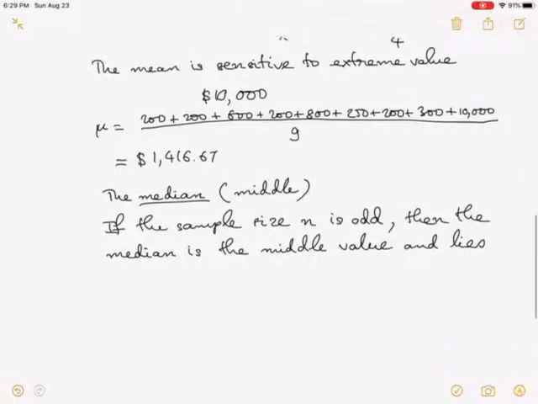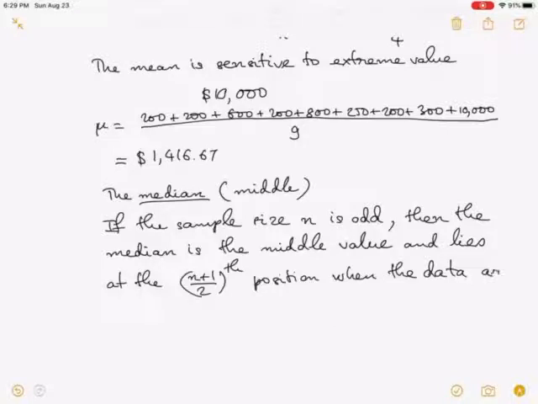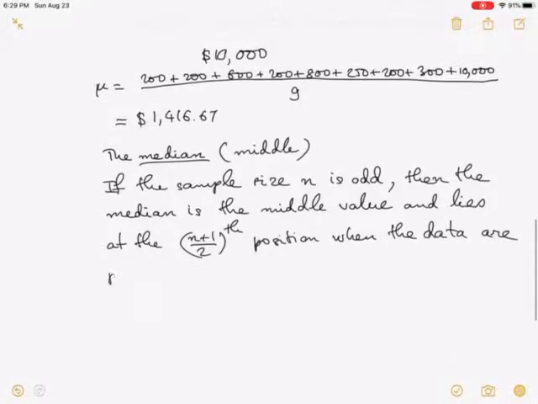And it lies at the (n plus 1) over 2 position when the data are put in ascending order.